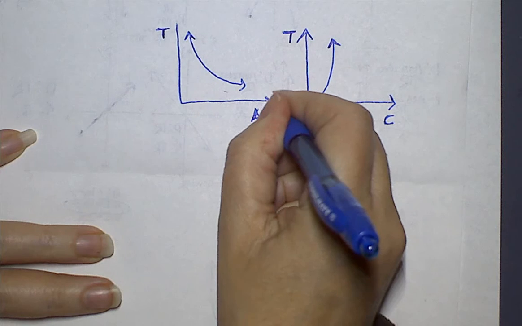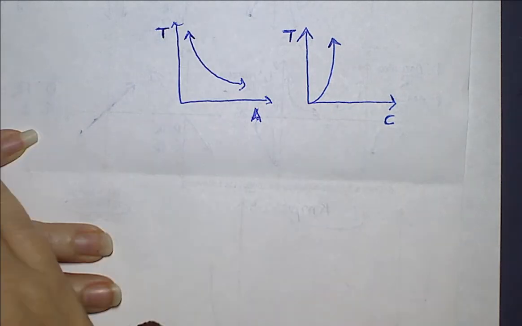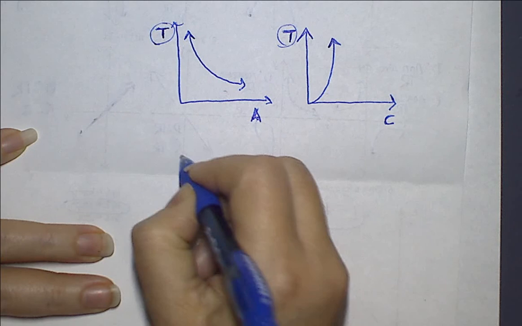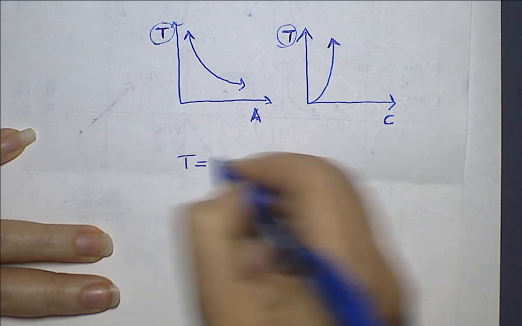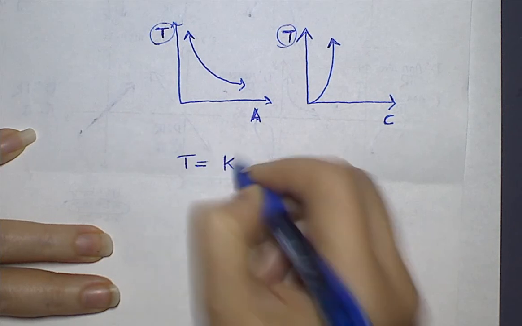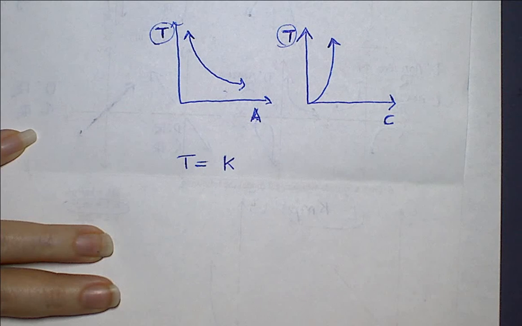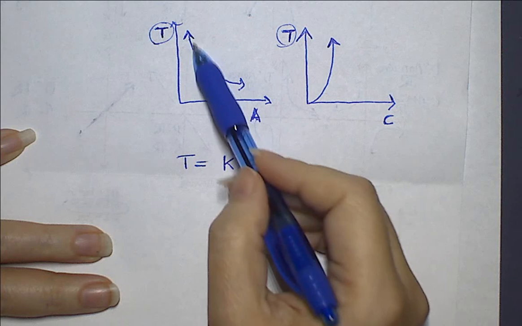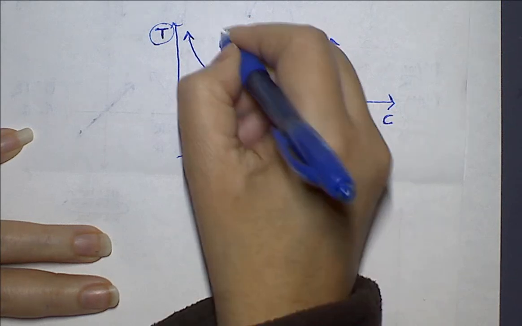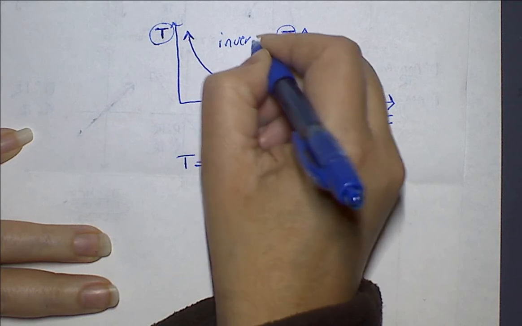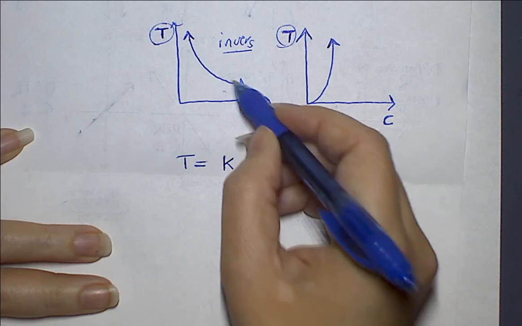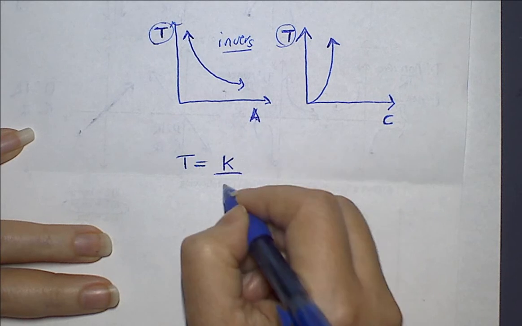So the first thing I want to do is look at what is on my left hand side, and hopefully you can say that T equals, and we know it's always going to have K on the top because that's where the constant belongs. Now this first one is an inverse, because it goes down. Inverse means divided by, so that means there's going to be an A on the bottom.